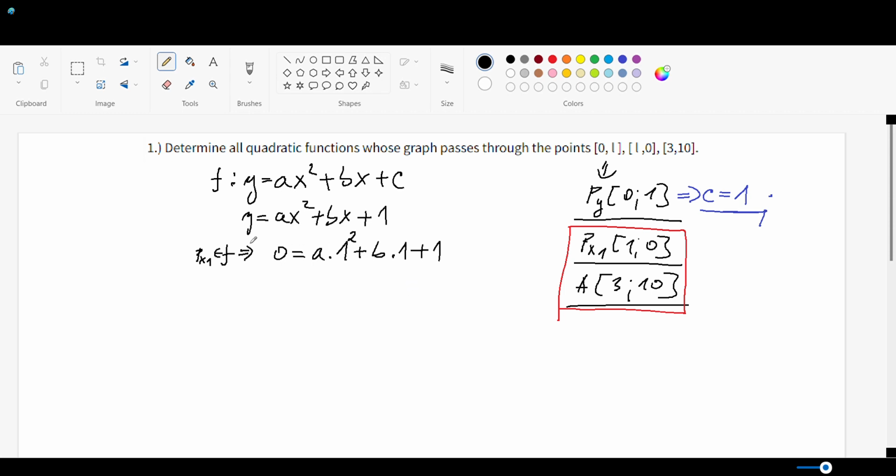In this equation we just know the x and y values from the point, and we will replace the unknown x and y with these values.